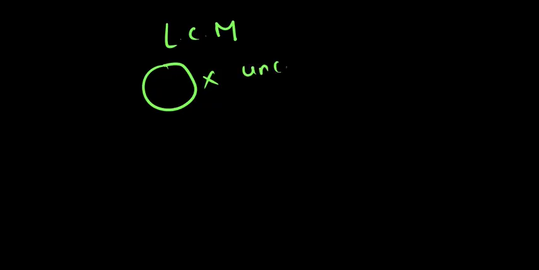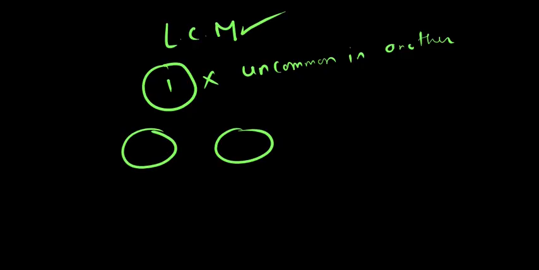LCM means one number into the uncommon in another number. One number into the uncommon in another is LCM. Either you take the first number or the second number. If you take the first number, you should multiply with the uncommon in the second number.